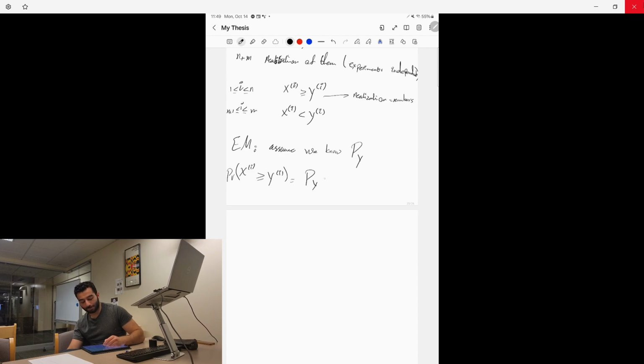And the probability of x_i less than y_i equals 1 minus p_y of x_i.